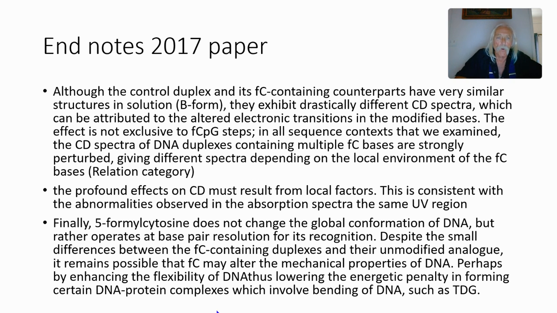Okay, so we call that a relational category, a relation of where that formyl group is, right? Relative to, you see. Don't worry, I'm going to get into this in more detail soon. The profound effects on CD then probably result from many local factors in that protein-DNA complex. This is consistent with the abnormalities found in the absorption spectra using just UV.